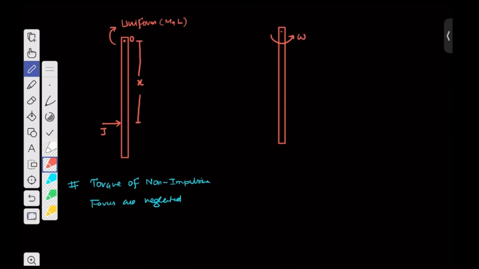And suppose the impulse is coming because of the force F. So suppose I find the torque of this force about the point of suspension O. The lever arm of this force is x only, so the torque of this force will be F into x.